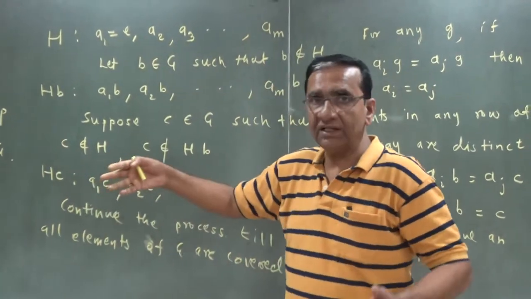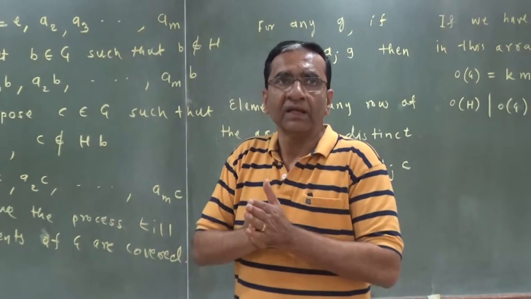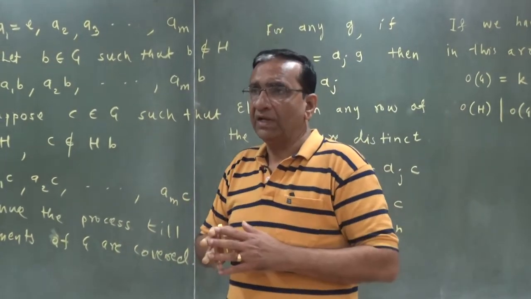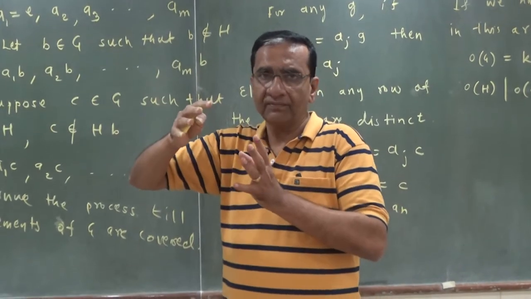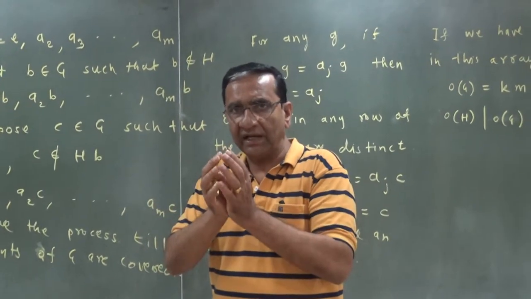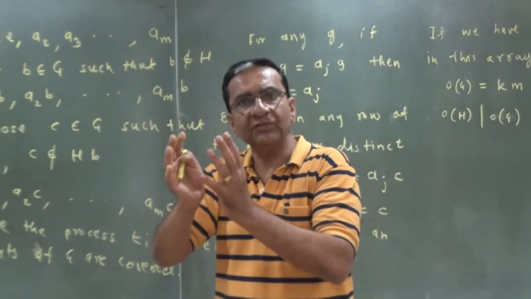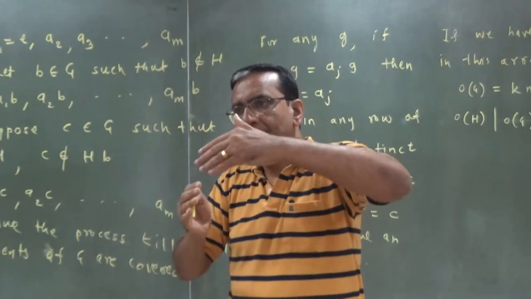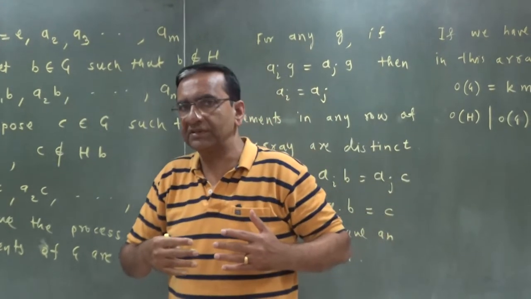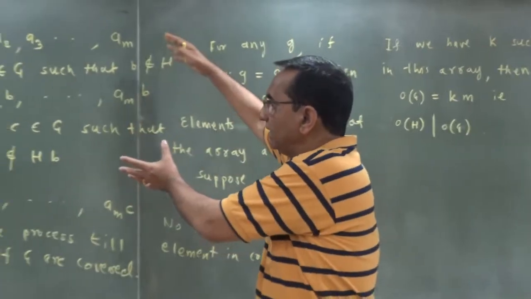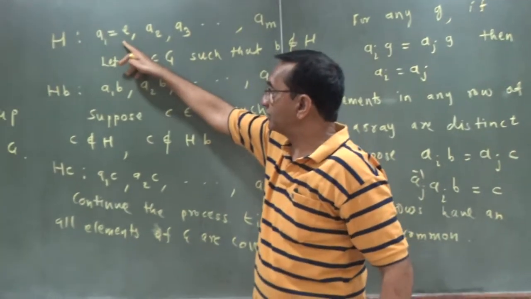Okay. So essentially the proof consists of showing that elements of G are divided into cosets. Any two cosets are either identical or disjoint. Okay. And H itself is one of the cosets. And any two cosets have the same number of elements. All this is incorporated in this particular idea. H is one of the cosets.